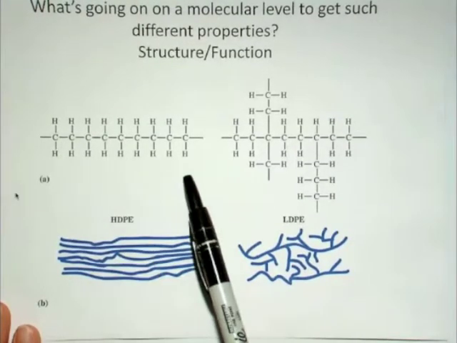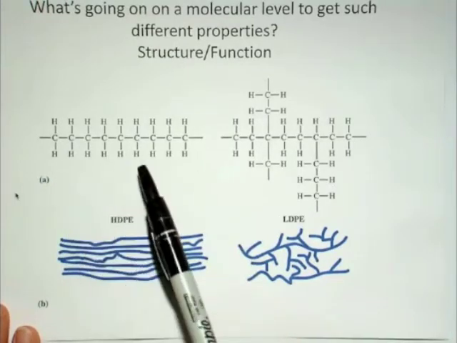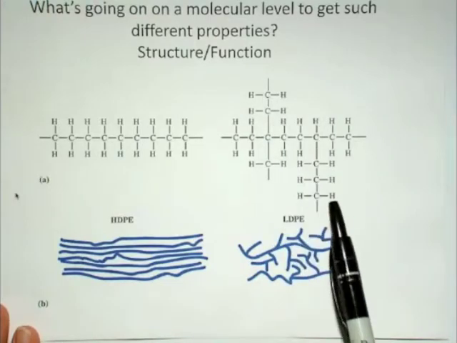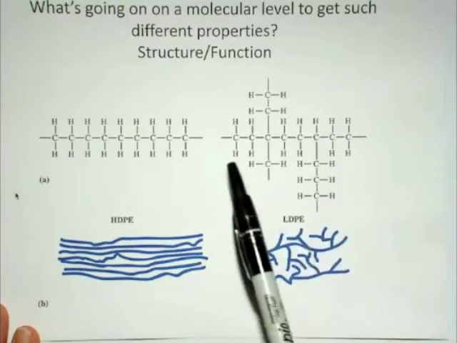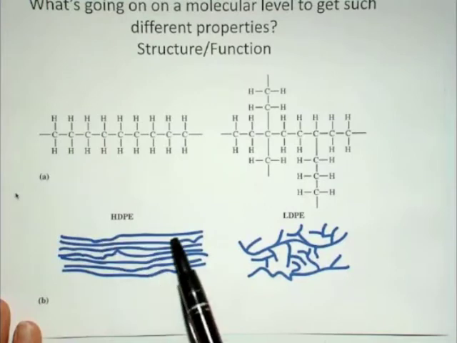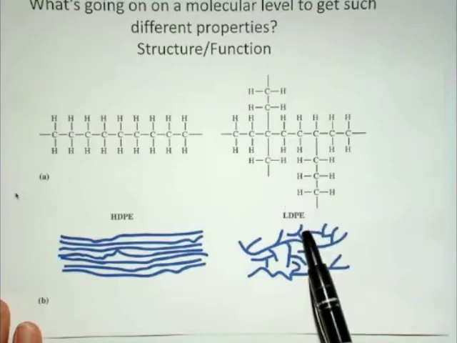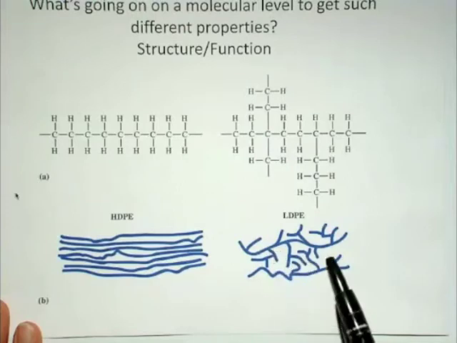This process is more controlled, and we end up with largely straight chain polymer units, whereas in the LDPE, it's still all saturated hydrocarbons, but we end up with branching off the straight chain. With the straight chain, those long polymers can pack together more tightly, whereas in the low density polyethylene, because of all the branching, the polymer units can't get quite as close together.